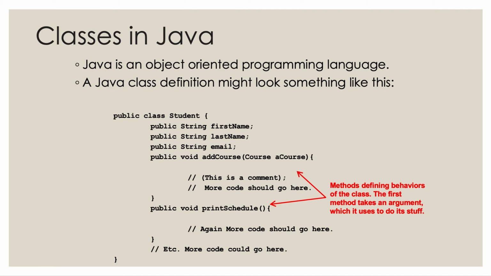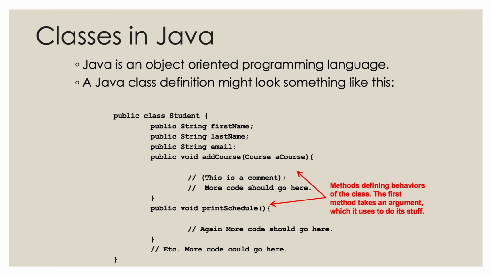But here, as you see, before the name of the method, we have public. That means this method can be used outside of the class Student. But if we put private, we restrict this method only to this class Student.